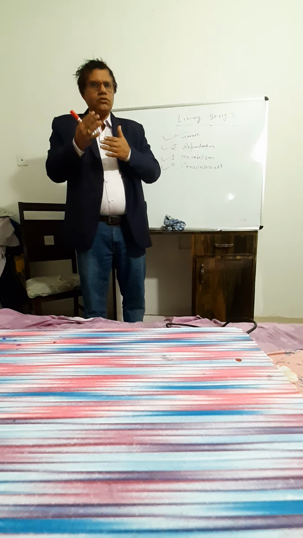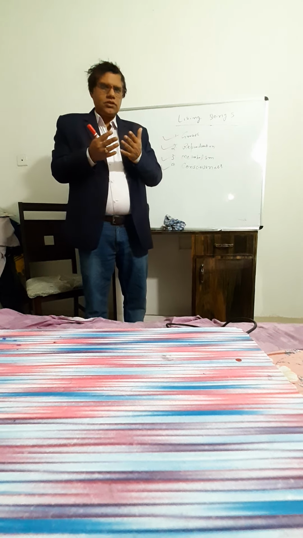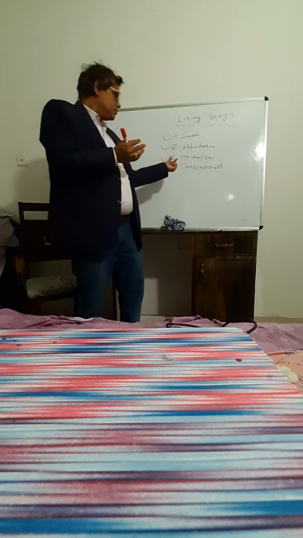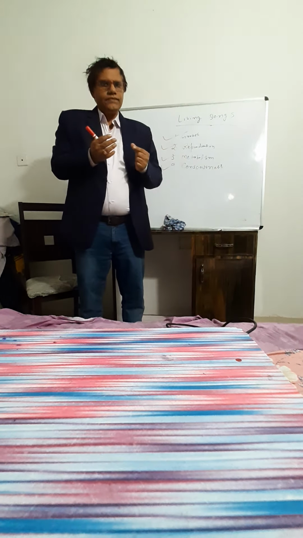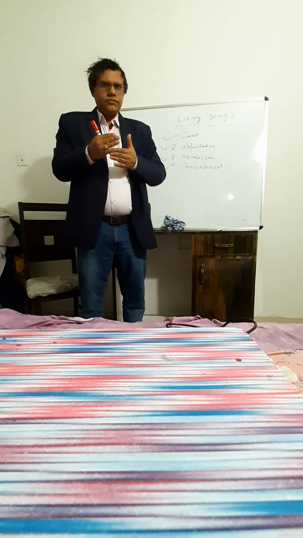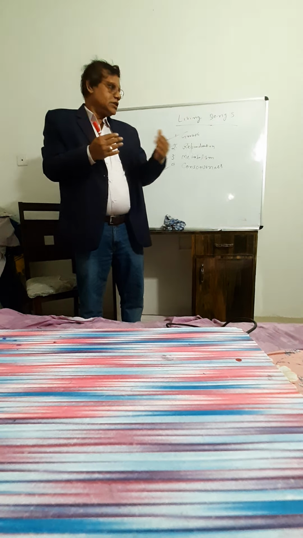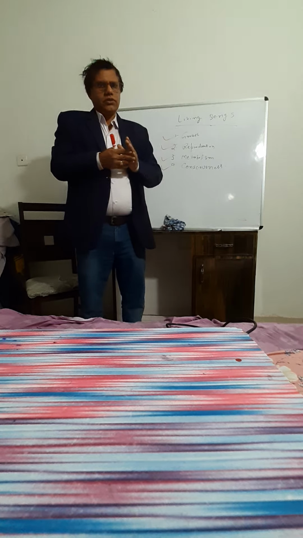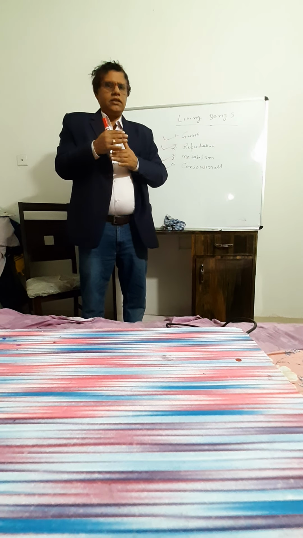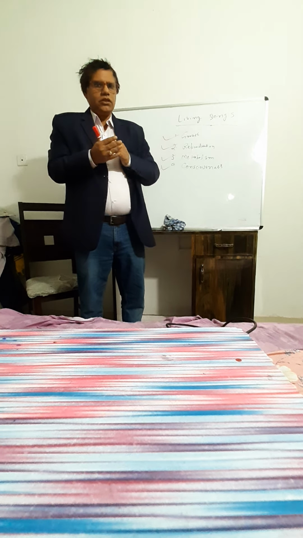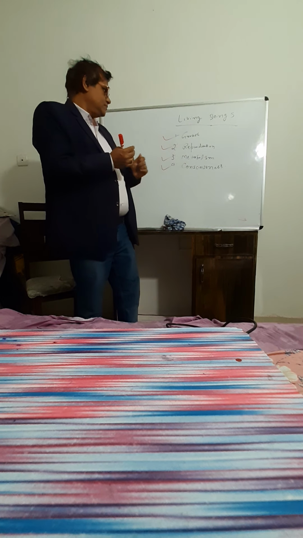There is a synthesis of glucose, so this is an anabolic process. But in case of respiration, that is breakdown of food, so these are catabolic processes. So all the chemical reactions that take place inside the body are called metabolism.